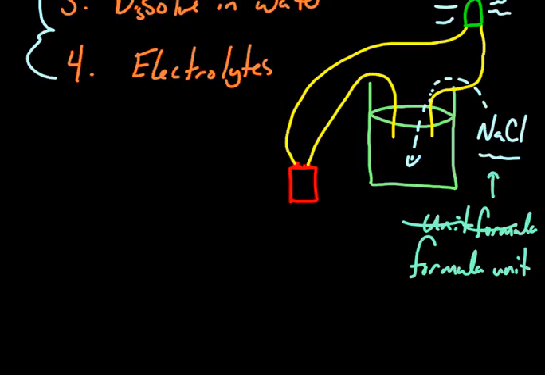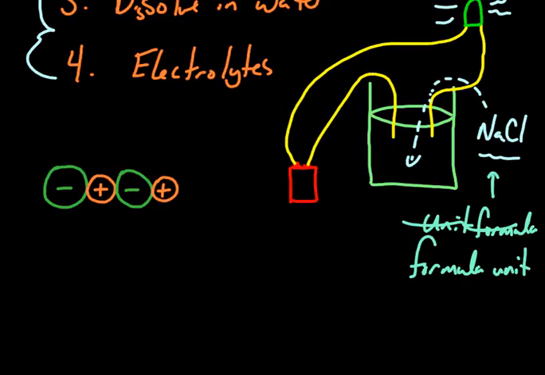So anyway, what ends up happening is if we have chloride ions, which are negative, we'll do them in green, and we have sodium ions, we'll do them in orange, which are positive, and you have a whole lot of them, they end up forming this kind of matrix with each other.